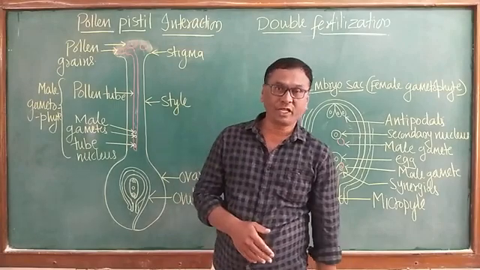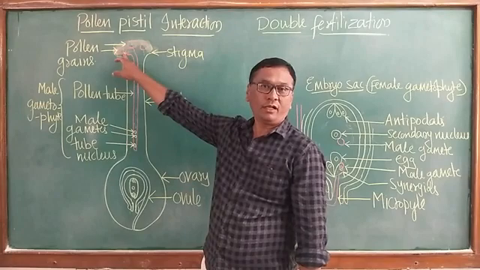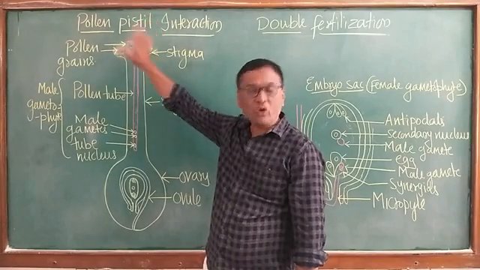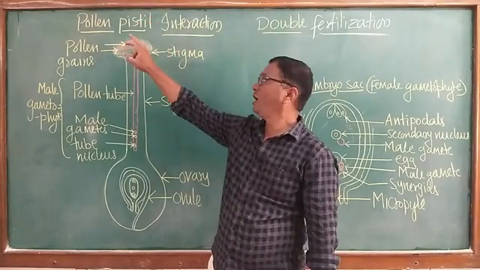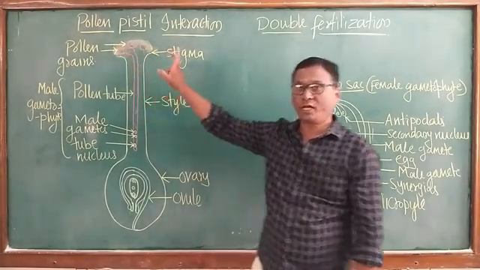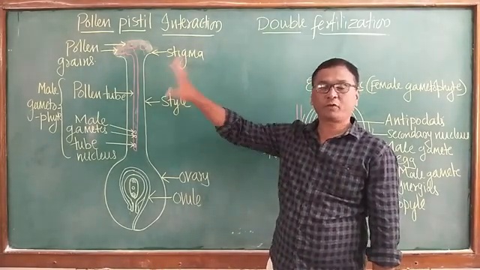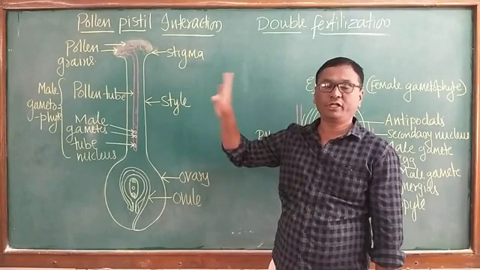One is the tube cell, the larger cell, and the smaller is the generative cell. And in most of the angiosperms, at the two-celled stage, the pollen grains come on the receptive stigma. This process of transfer of pollen grain is pollination.